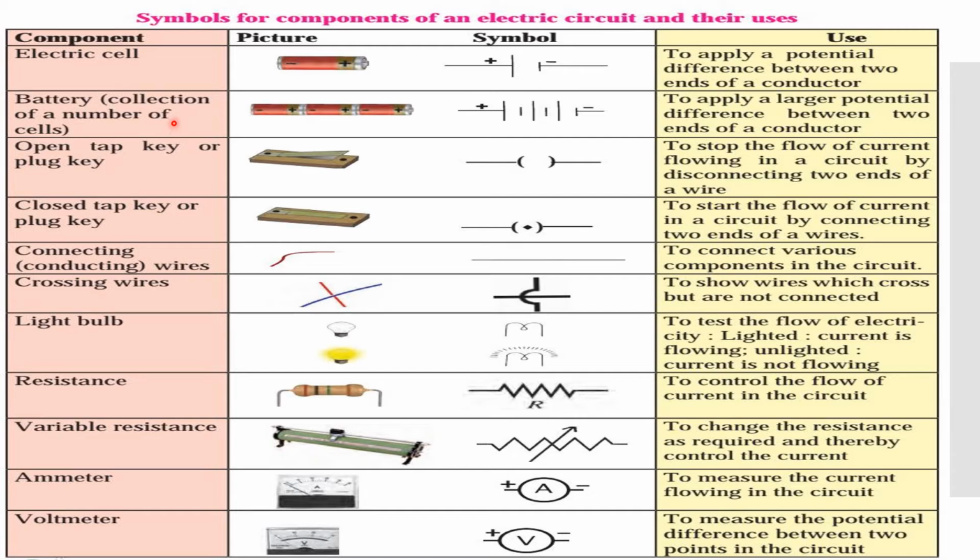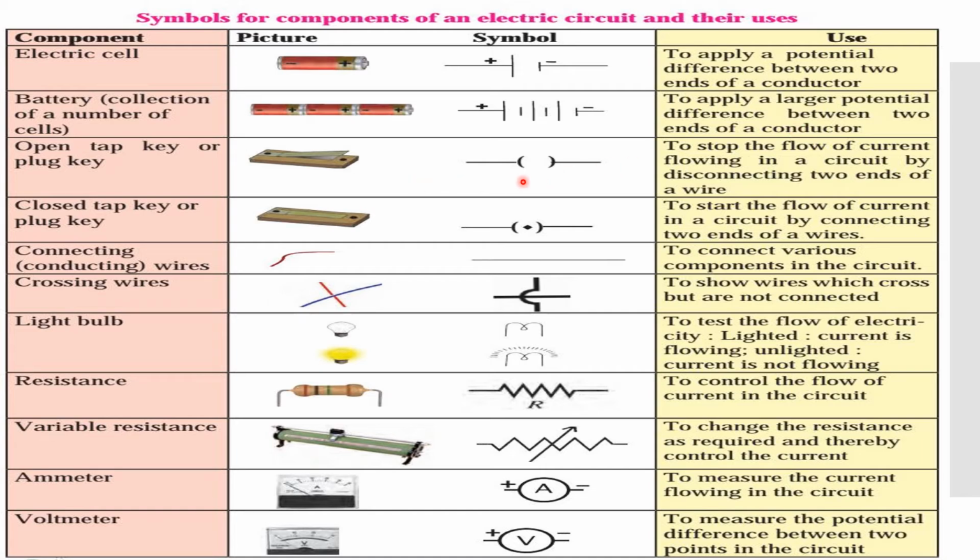Battery means there are more than one cell used in the circuit. For two cells you can draw this symbol twice. For three cells you can draw this symbol thrice like this. To apply a larger potential difference between two ends of a conductor, we can use battery.